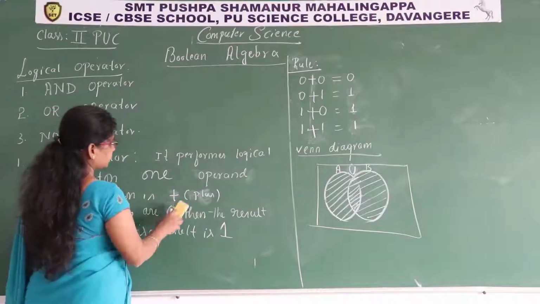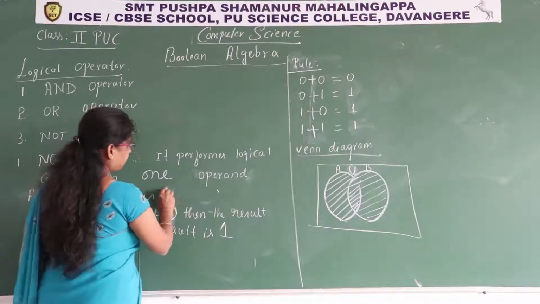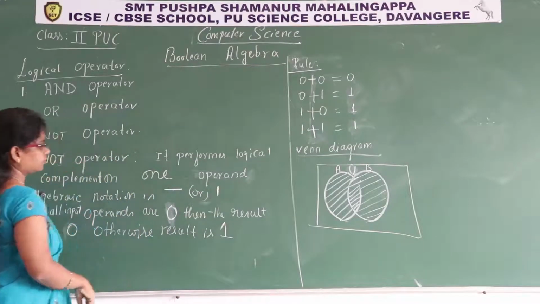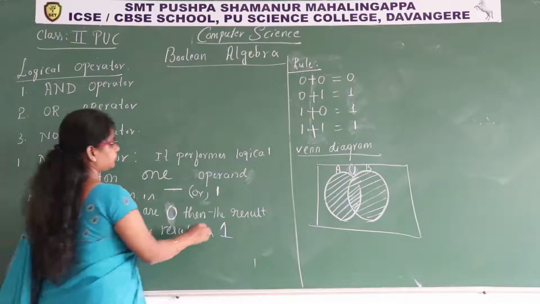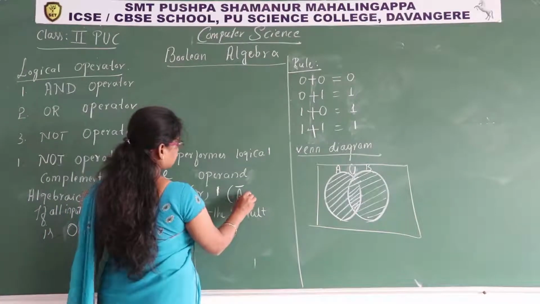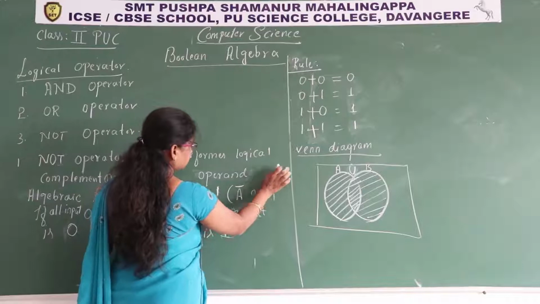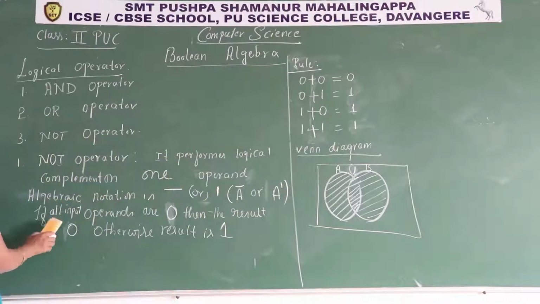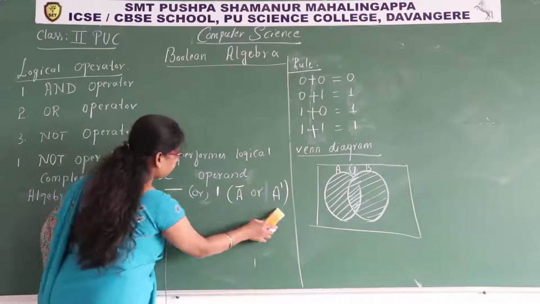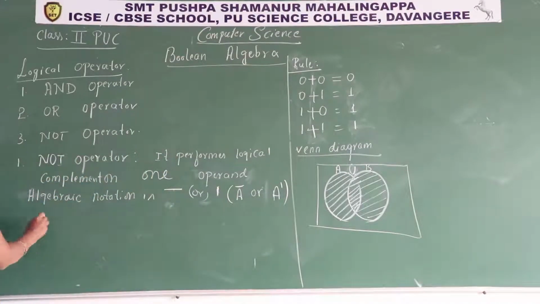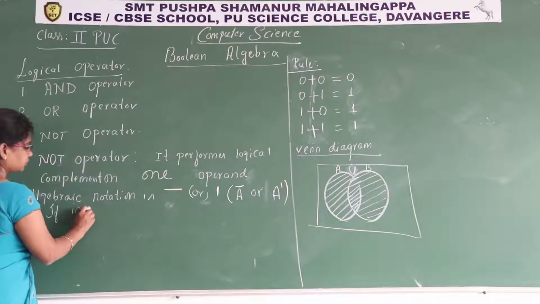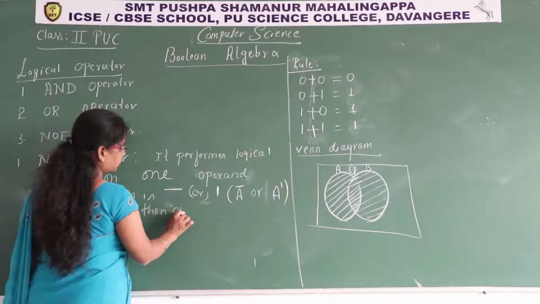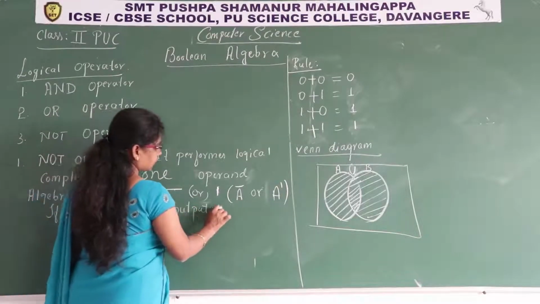The algebraic notation is bar or dash, that is A bar or A dash. If the input is high, or if the input is 1, the output is 0.